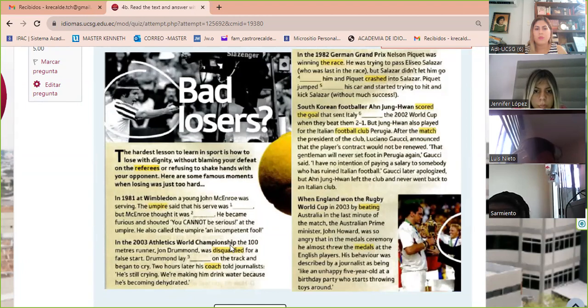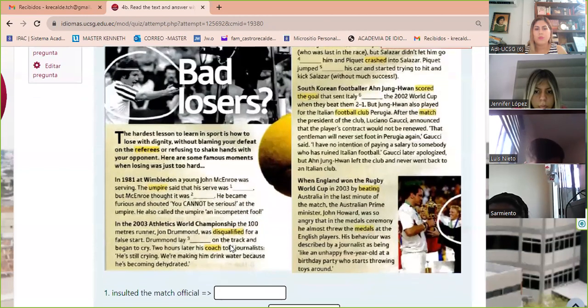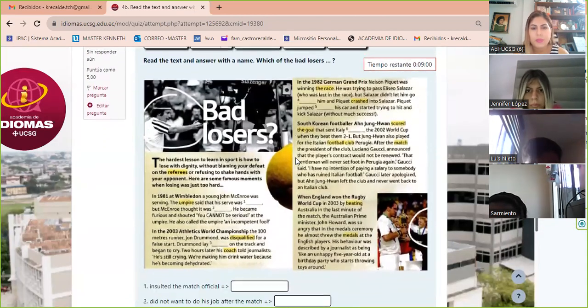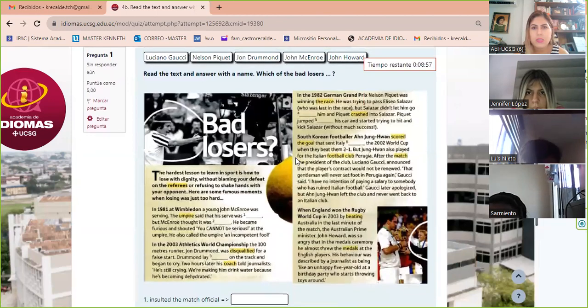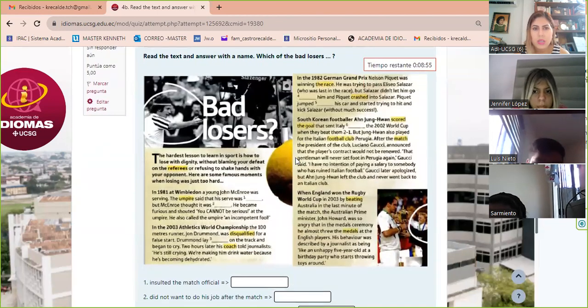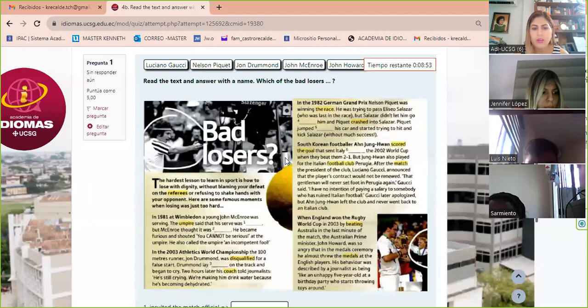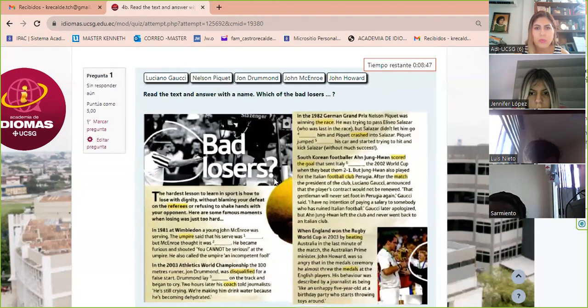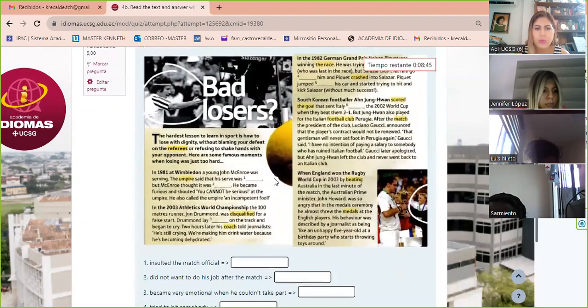The umpire said that his server was John McEnroe.